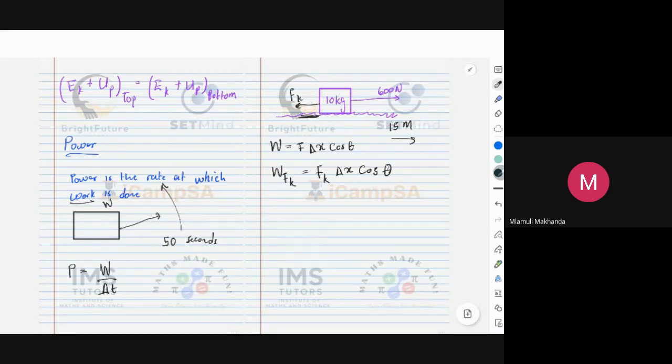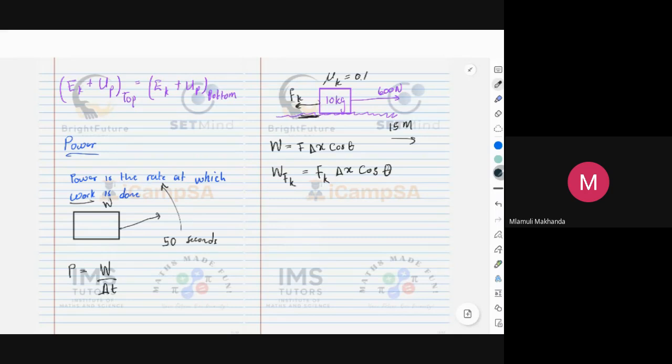But if we had something like this, it wasn't going to be 0. Okay? It wasn't going to be 0. So you can easily just substitute here whatever you have. Sometimes, but let me make it a bit nice, sometimes they can give you and say, we've got mu k as 0.1.